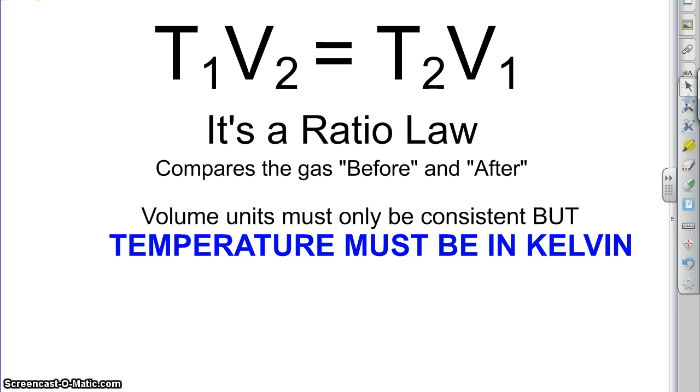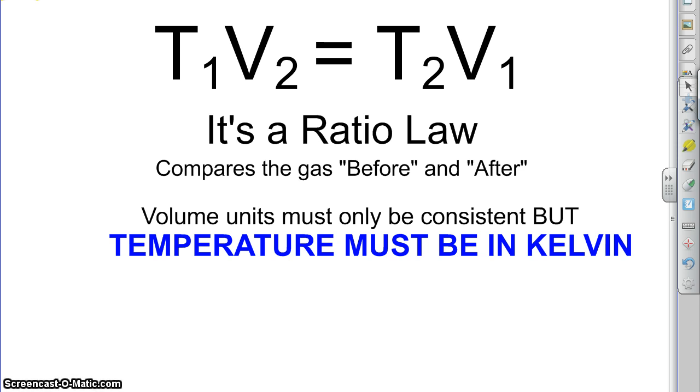You might write that down somewhere in big letters because that is the most common mistake people will make with this. No matter what the problem says, if it mentions Fahrenheit, Celsius, it doesn't matter. You've got to get it into Kelvin.